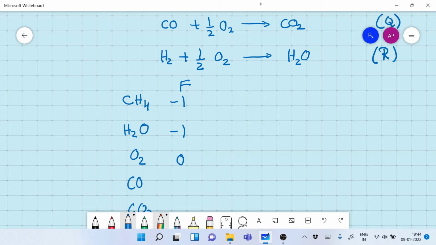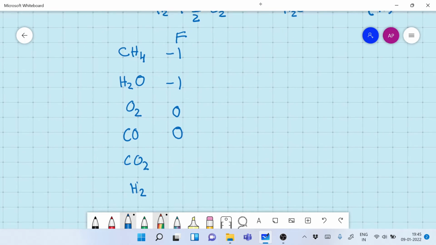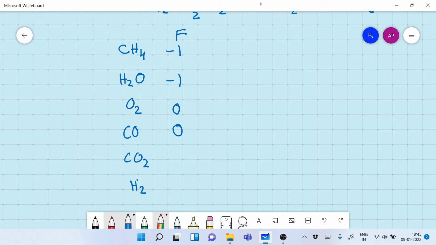For oxygen, it is 0. For carbon monoxide, sorry, it is 1. For carbon dioxide, it is 0. And for hydrogen, it is 3.